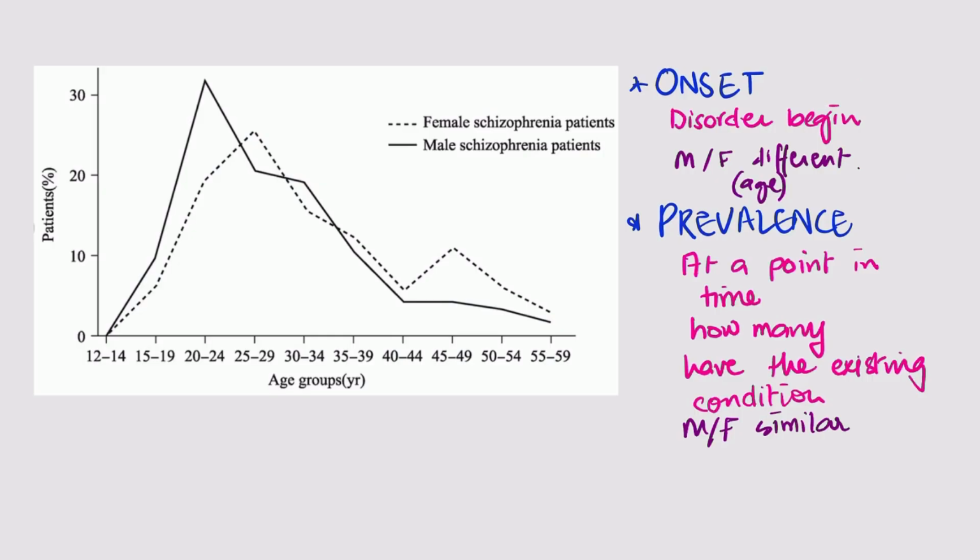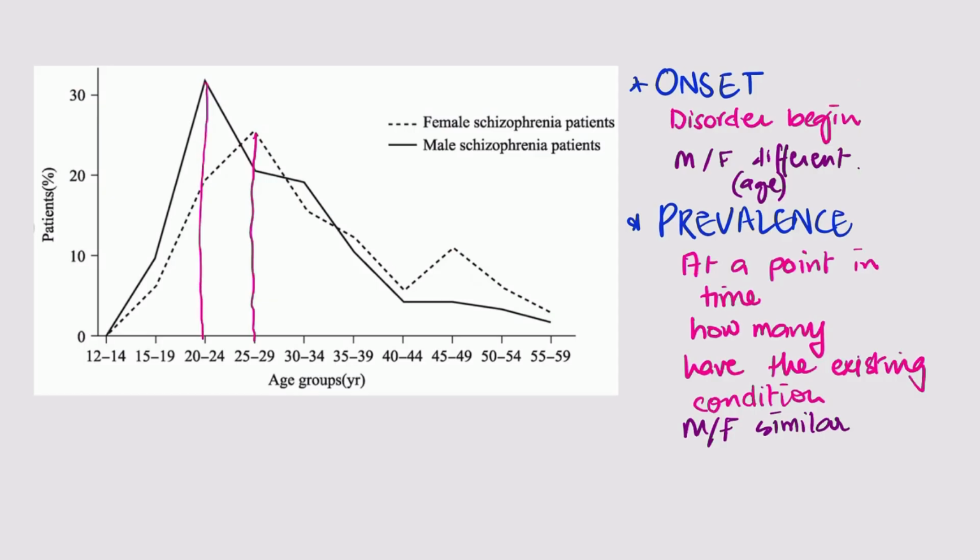So when we're talking about onset, as you can see here, this dotted line is for female schizophrenia patients. This is taken from a recent research paper, and as you can see, for female schizophrenia patients, onset is around the late 20s. However, for male schizophrenia patients, it is around the early 20s.